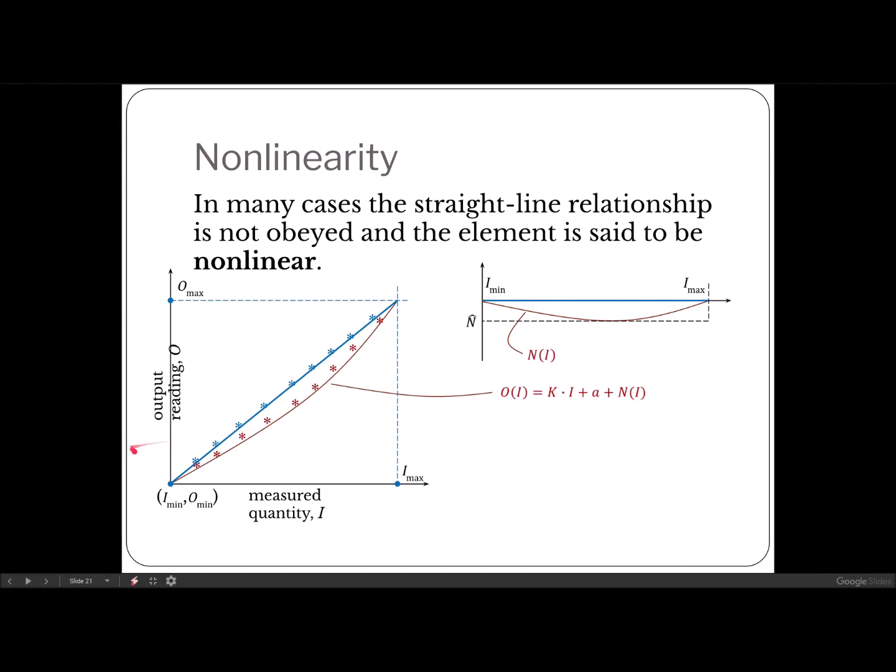As such, your real output as a function of input is equal to the ideal linear relationship that we discussed before, plus the non-linear component. Of course, the smaller this one, the closer your measurement device is to a linear ideal condition.